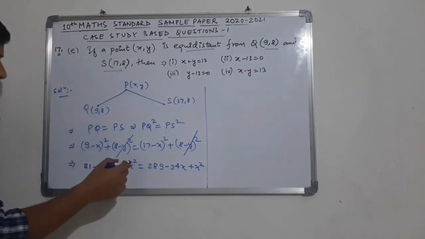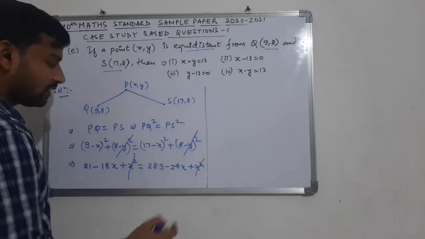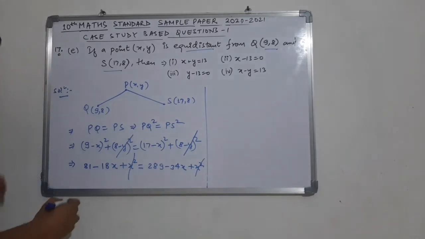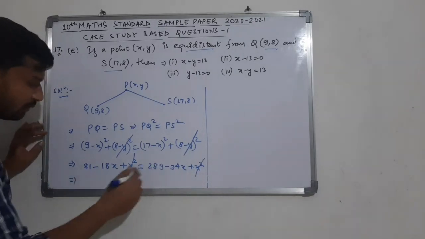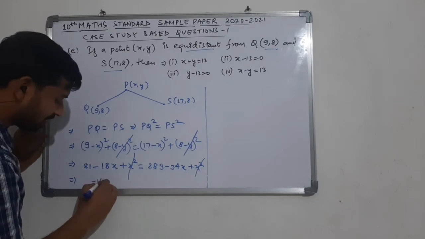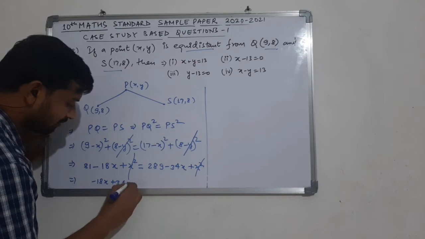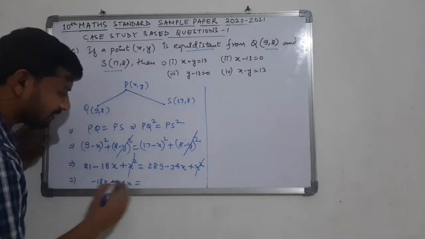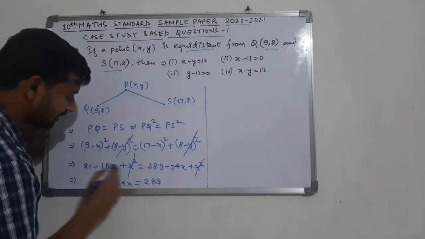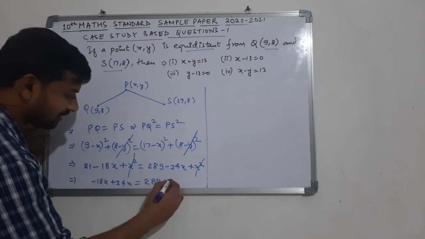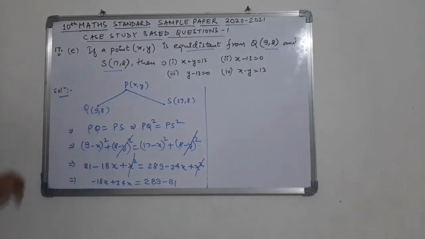So again we have the same term, x square and x square, this will be cancelled. Finally, minus 18x is kept here and this 34x is brought to LHS, and 289 and 81 will come here, so we will get minus 81.